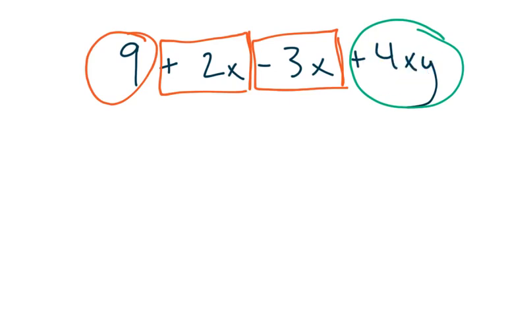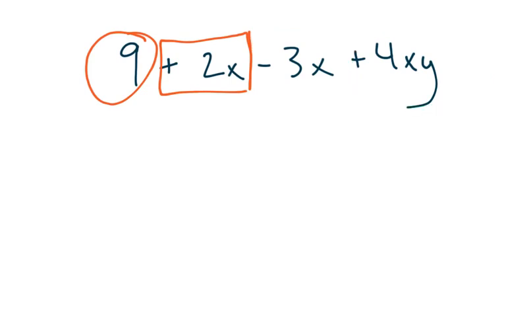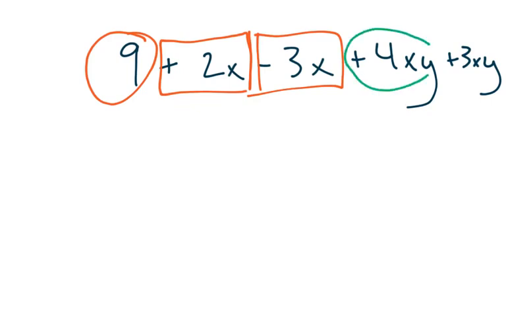But if I had written plus 3xy, actually, let me undo, and then plus 3xy, and then I'm going to do this one, I could combine these.